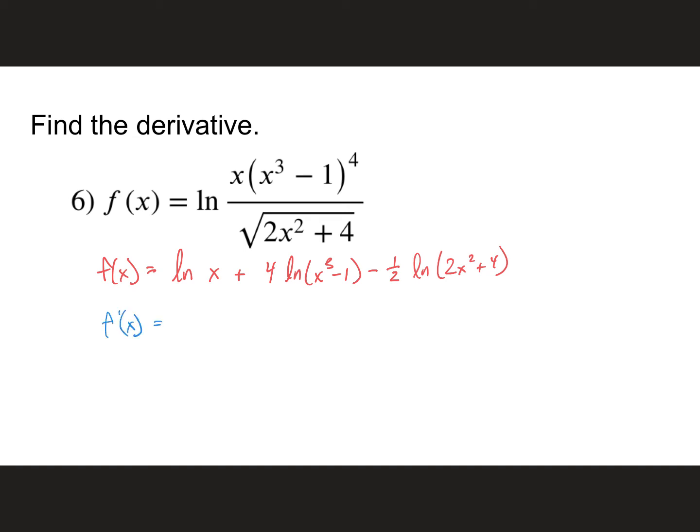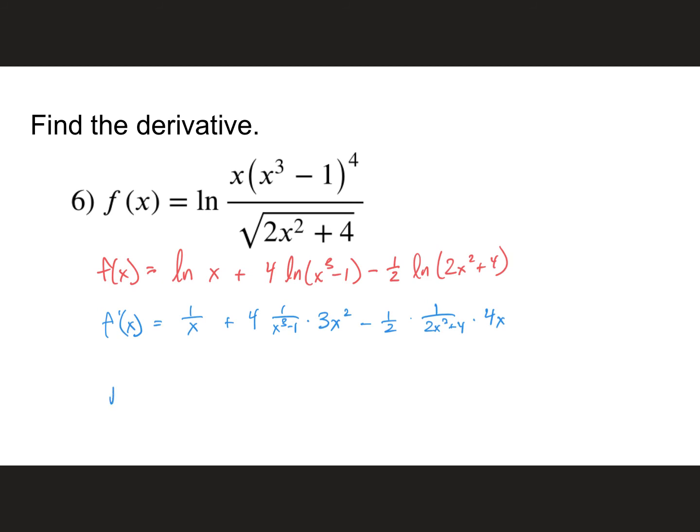So the derivative of the natural log of x is 1 over x, plus, that's 4 times the natural log of Bob, so that's 1 over Bob times d Bob, minus 1/2, again the natural log of a different Bob. Okay, so that would be 1 over that Bob times d Bob.